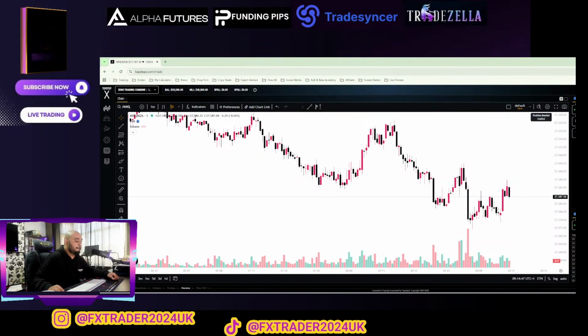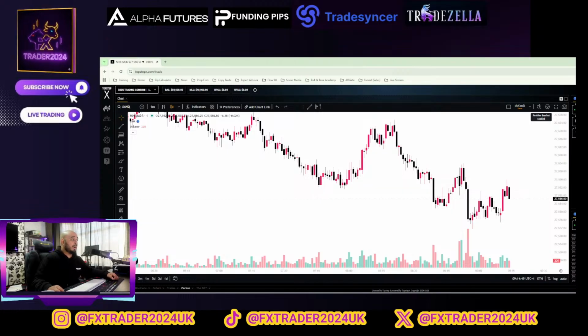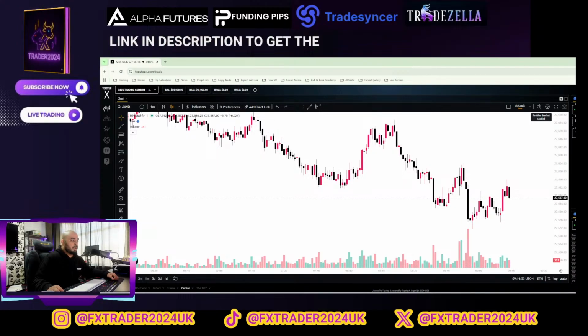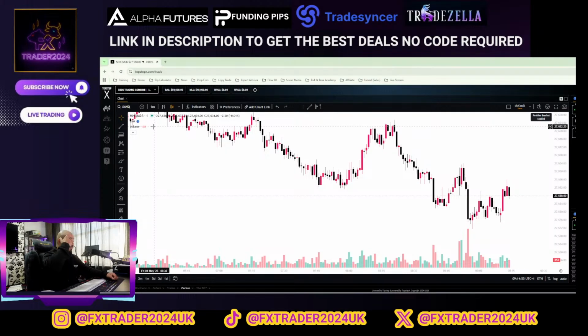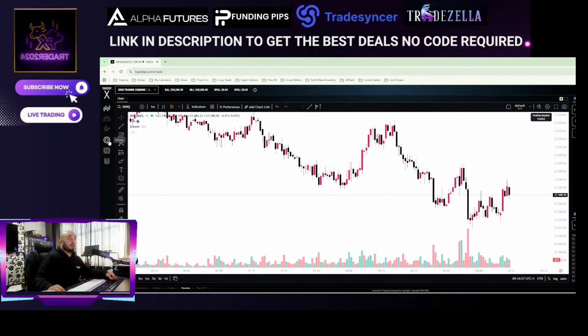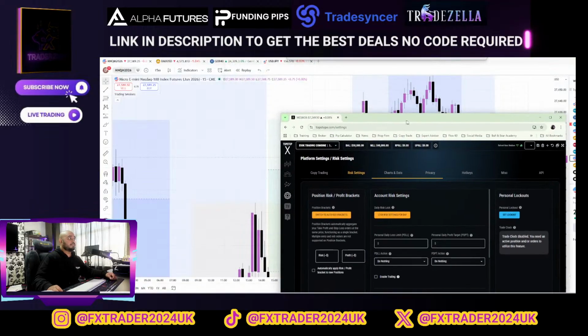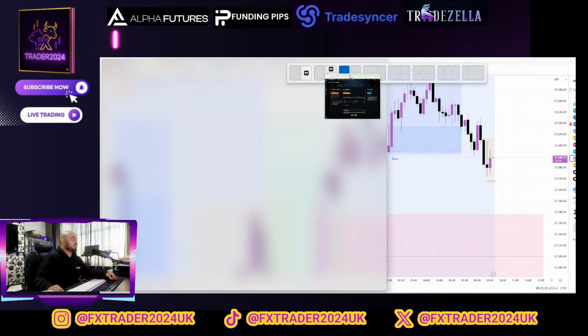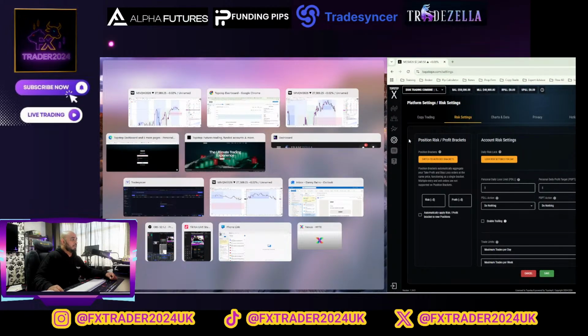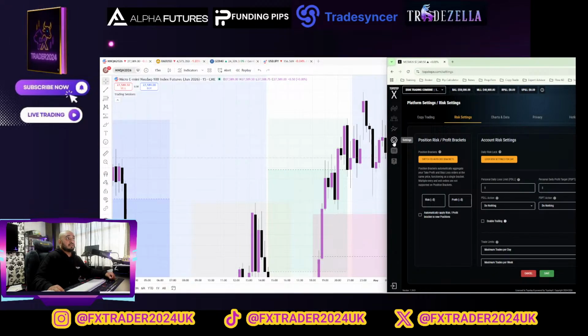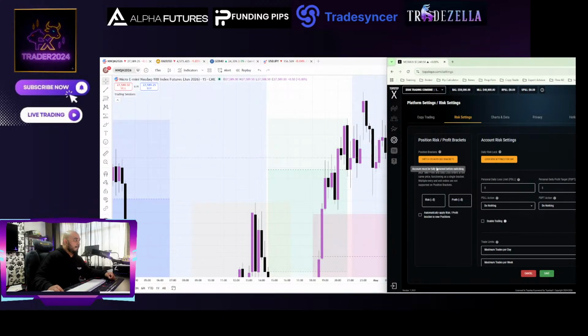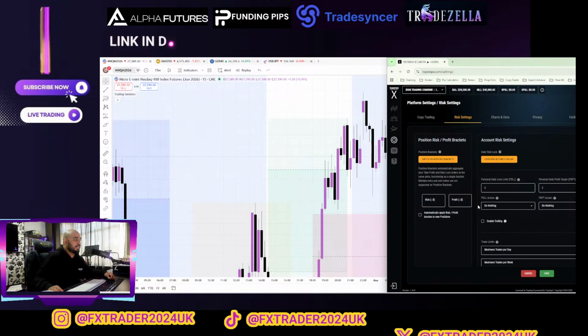I know how to enter a trade, but I need to now set my risk management up. If you go to the right hand side, click on settings. Let me make the screen smaller for the TikTok guys. You click on settings down here, and you can put risk settings in.